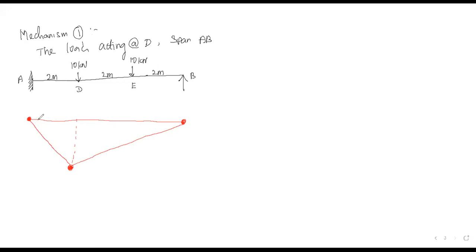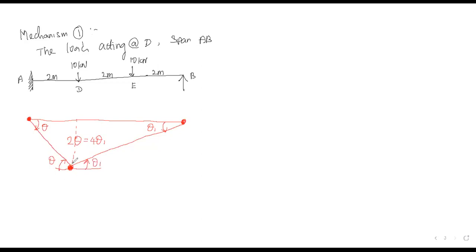Corresponding to this slope, here it is theta, and the same theta is to be available here. This slope is not equal, so we take this one as theta 1. Since the span here is 2 theta, but from here to here it is 4 theta 1, that's why it is not equal. So this is theta 1.